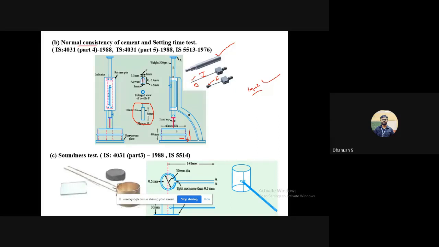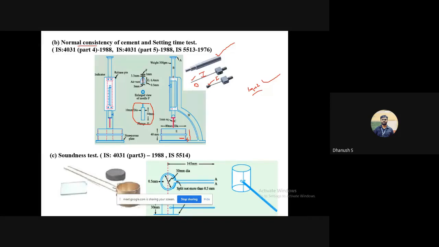So at say 2 minutes, when you finish mixing and start taking the reading, when you drop the plunger, you'll get 0 mm penetration from the bottom, meaning your needle has completely penetrated and reached the bottom. Take the next reading at 5 minutes, the next at 10 minutes, and similarly keep taking readings at every 5 minute interval. At somewhere around 20-25 minutes, you might get 1 to 2 mm penetration from the bottom, meaning it has started to lose its plasticity.